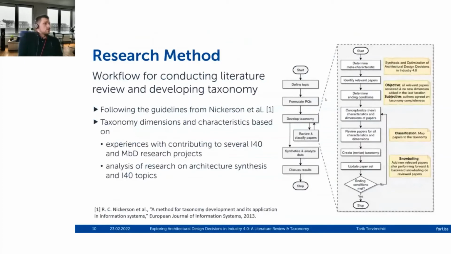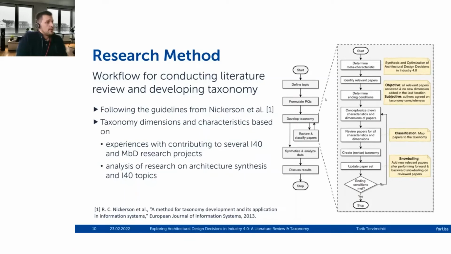So sure, just about methodology. We conducted a literature review and developed a taxonomy. On the right side, we see the workflow. We base our work on the work from Nickerson et al. So we first defined the topic, of course, and formulated the research questions, and then iteratively we developed the taxonomy, and we reviewed papers and classified the papers.